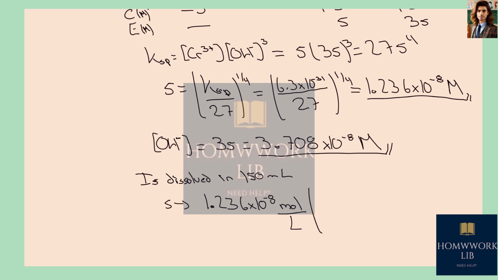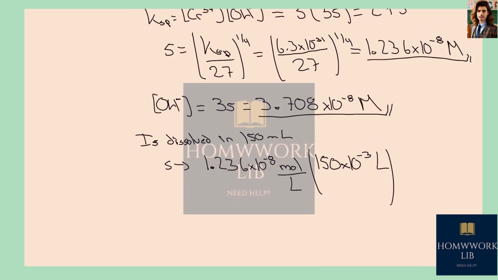We can find the amount of moles simply by multiplying by the volume. In this case, 150 milliliters, which turns out to be 150 times 10 to the minus 3 liters, right? Just to take the conversion directly over there.